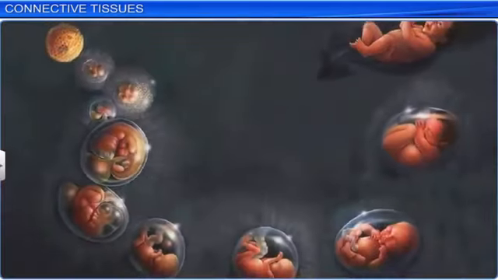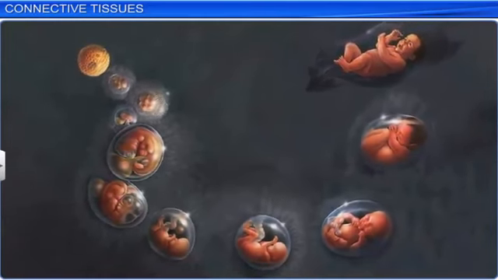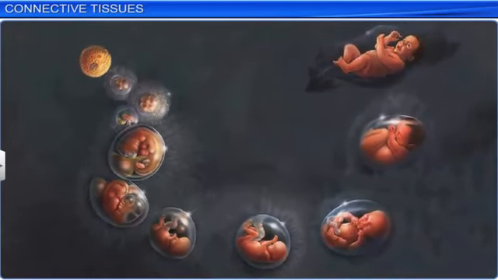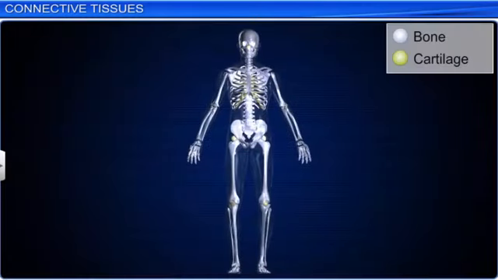In vertebrates, embryos mainly have cartilage, which is later replaced by bones. However, in adults, cartilage is found in the tip of the nose, some parts of the rib cage, and between vertebrae, hands and legs.